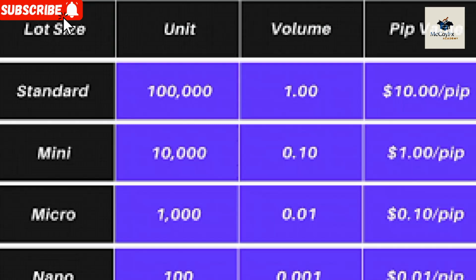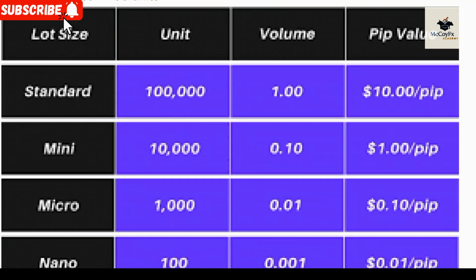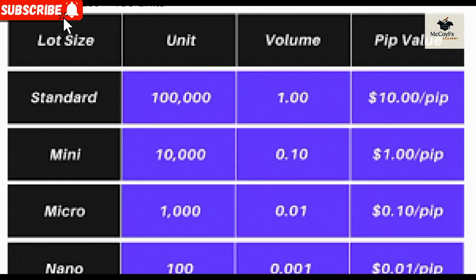So for 100,000 units, the volume is 1.00, and the pip represents $10. When the price moves from a certain price to the next, the difference there is what we call a pip. When you are using the standard lot size, when it moves just one pip, it costs $10.